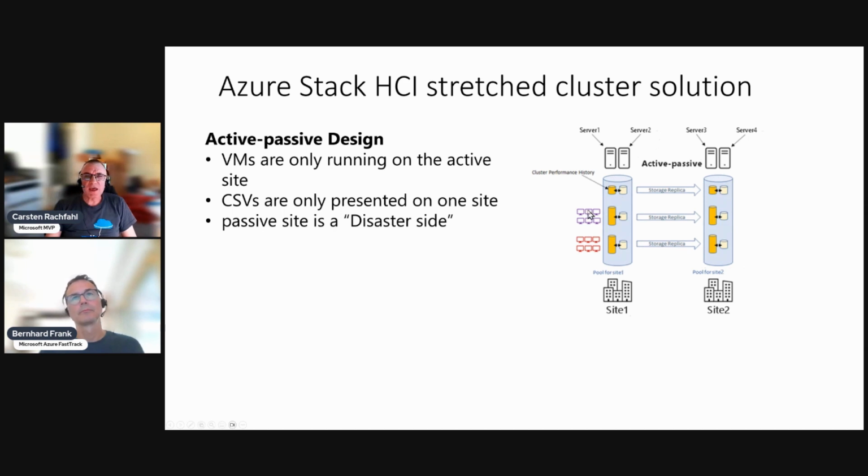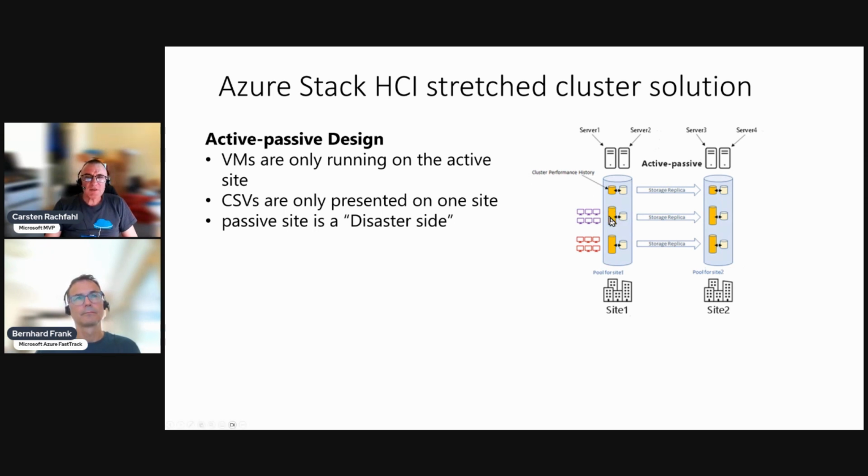So all our VMs are running inside site one, and they are writing and reading all the data of volumes, cluster shared volumes that are completely presented in this site on those two nodes, on the devices of those two nodes. But we want to have a stretch cluster, so we have storage replication, and we will talk about storage replication in a slide a bit later.